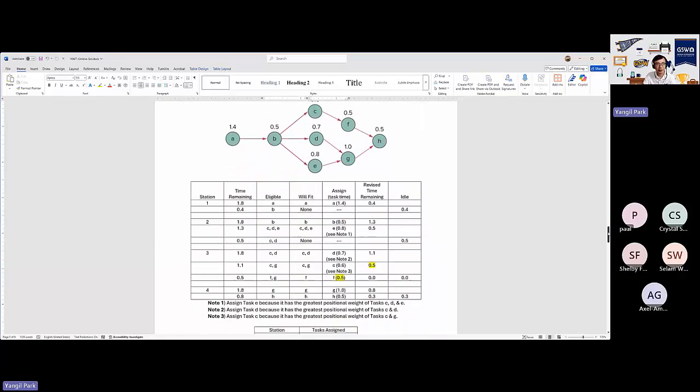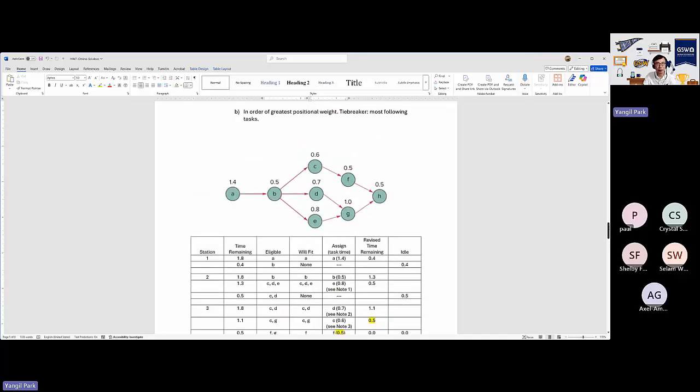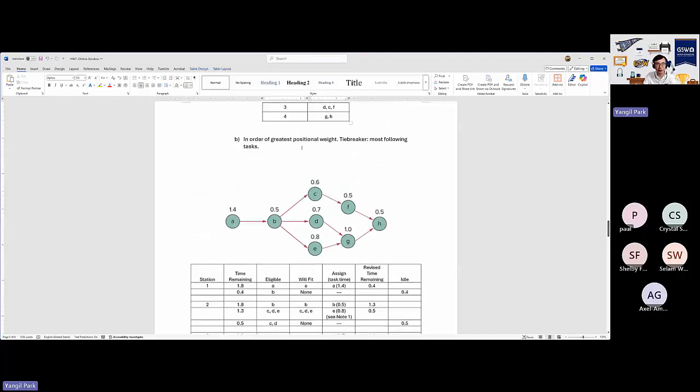All right. So again, we start from A, go through B, then from B we're going to look at the greatest positional weight, right?